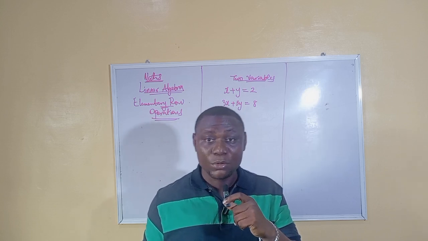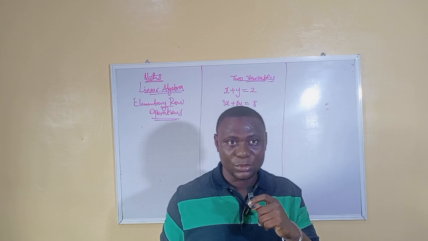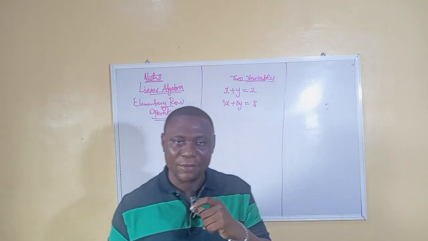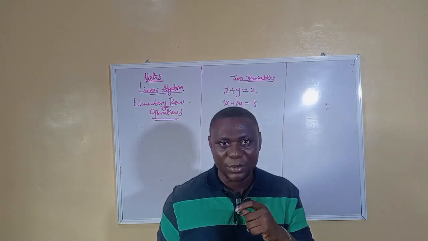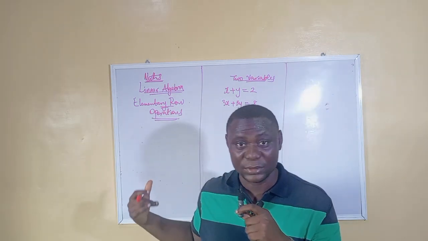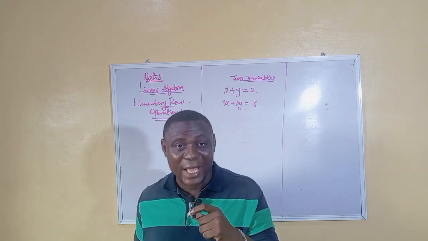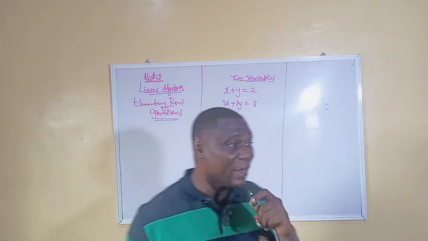It will be so cumbersome that you will know this method is not efficient. So we're talking about efficiency here. That is why we are adopting this new method, the elementary row operation, where we'll be using the reduced row echelon form. We're going to be talking about everything here.